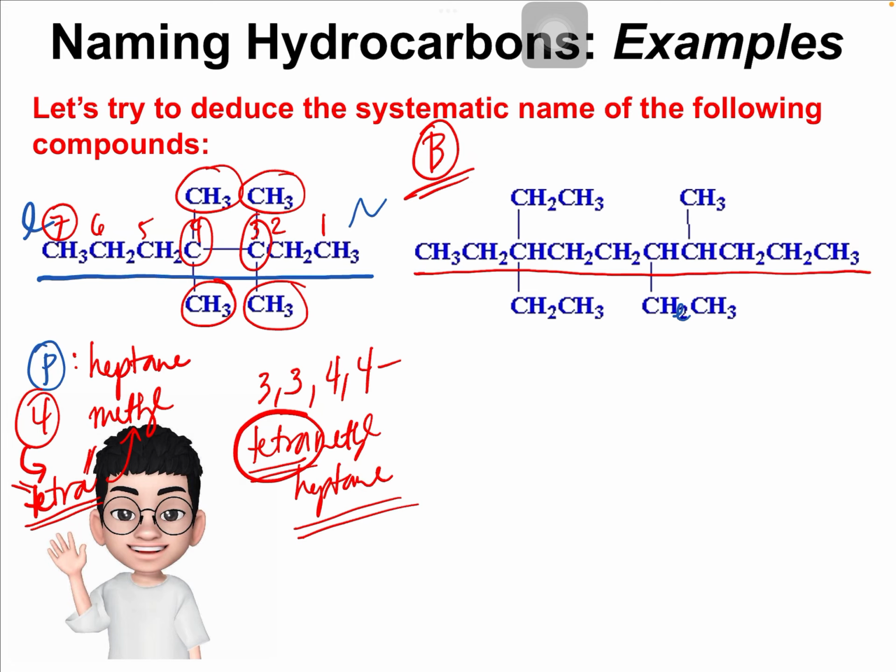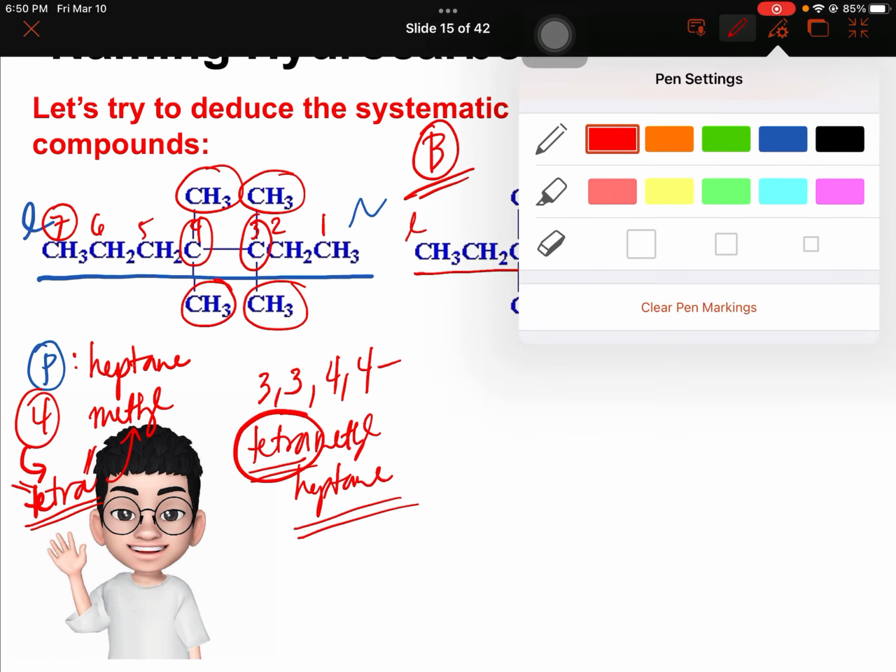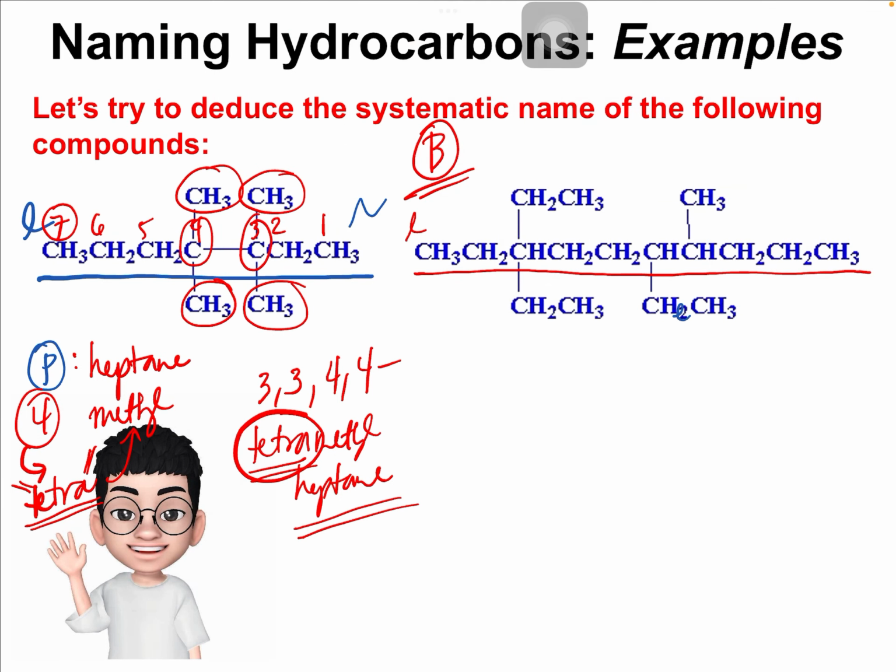So, dito tayo mag-start sa left ulit. So, again, I'll use another color, let's say, green. So, this is 1, 2, 3, 4, 5, 6, 7, 8, 9, 10. So, it seems that you have a parent chain with 10. So, what's the prefix for 10? You have dec. And then, since this is alkane lang naman, so decane.